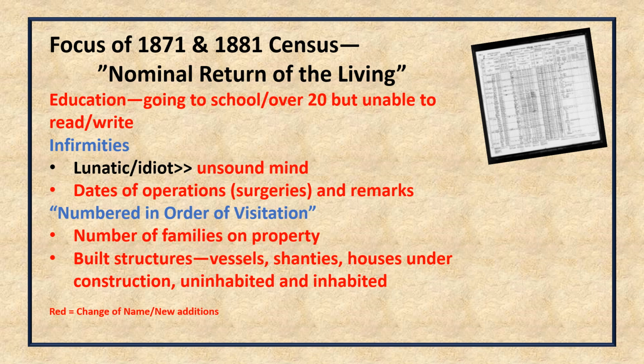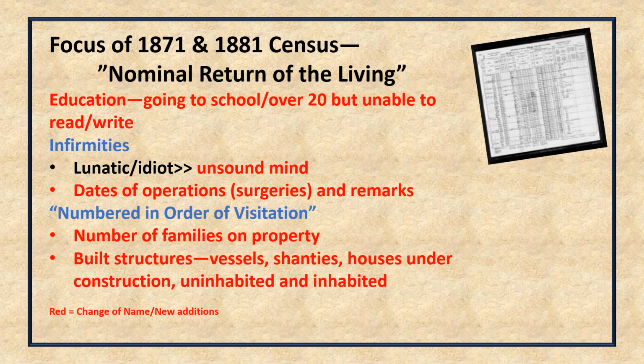Under numbered in the order of visitation, located at the far left of the form, there is also a return to questions about built structures, dwellings under construction, those uninhabited, the number inhabited if more than one on the property, including shanties and vessels.